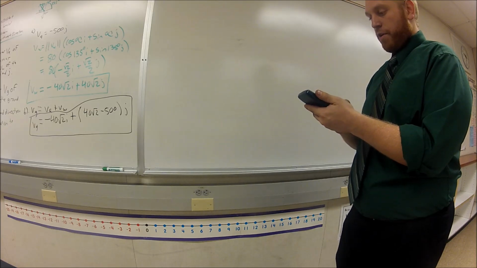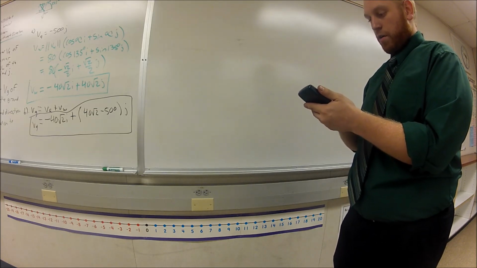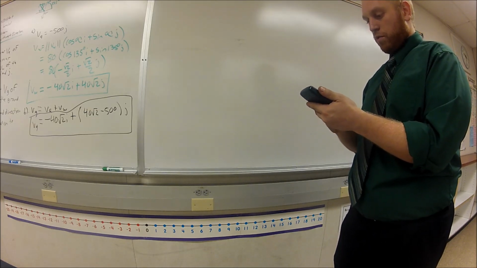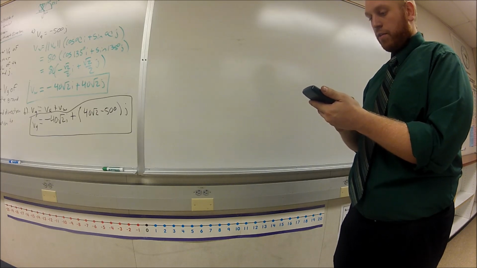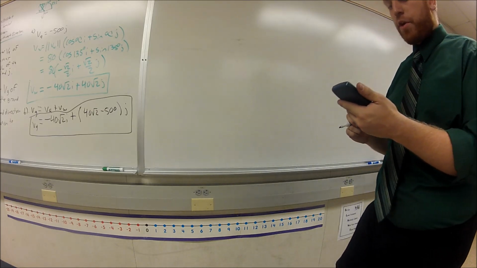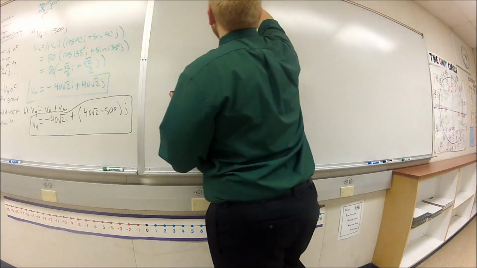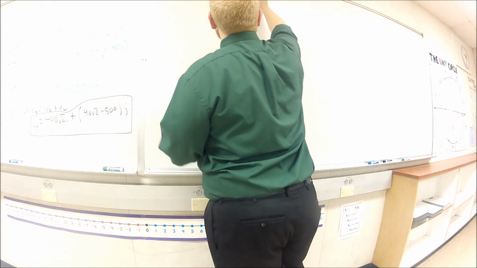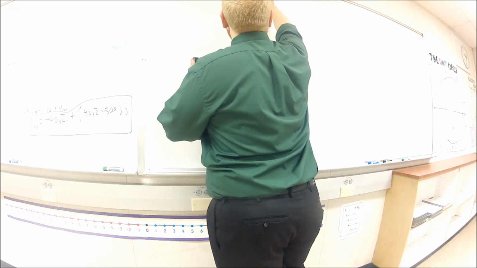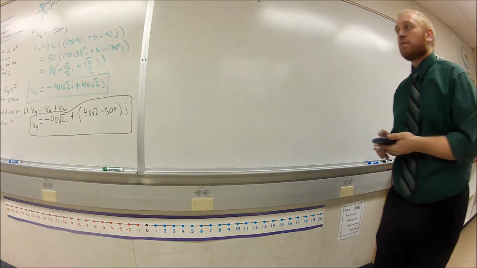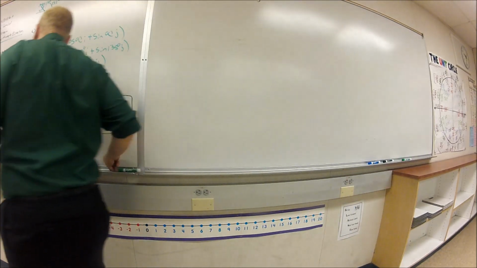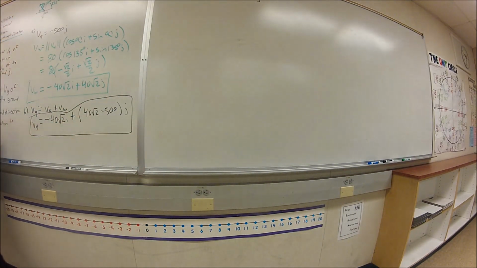Minus 500, oops, let's do it right this time: 40 times root 2 minus 500, I got negative 443.43. So minus 443.43 j. Transfer it over to decimals, because for the actual speed, we're thinking about the magnitude.